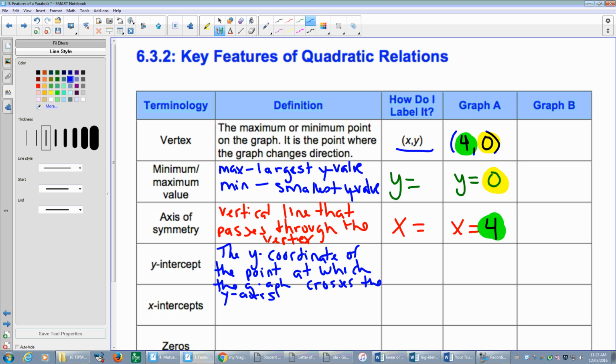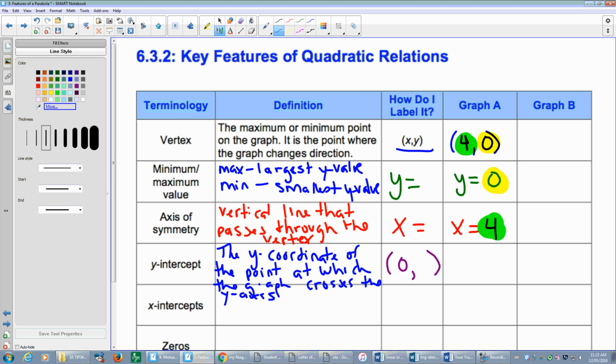So we label this as a point. You will label it as a point. Your y-intercept will always be 0 and then some number. That's how we do our y-intercept.